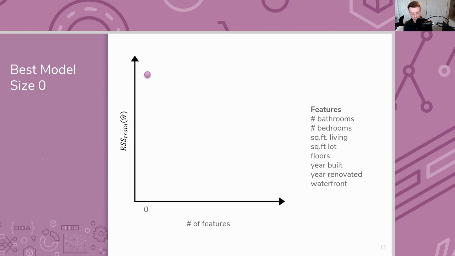And so I'll talk about an approach right now that we call the all subsets approach, looking at every subset of the features to determine which subset is best. So we start off with a baseline that says, well, what would happen if I use no features? If I use 0 features, I'm not allowed to use number of bathrooms, I'm not allowed to use number of bedrooms, I'm allowed to use nothing.